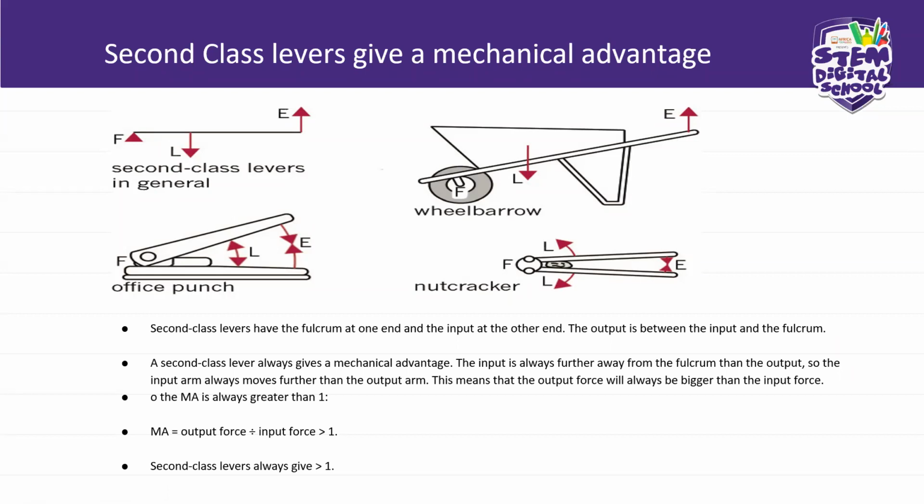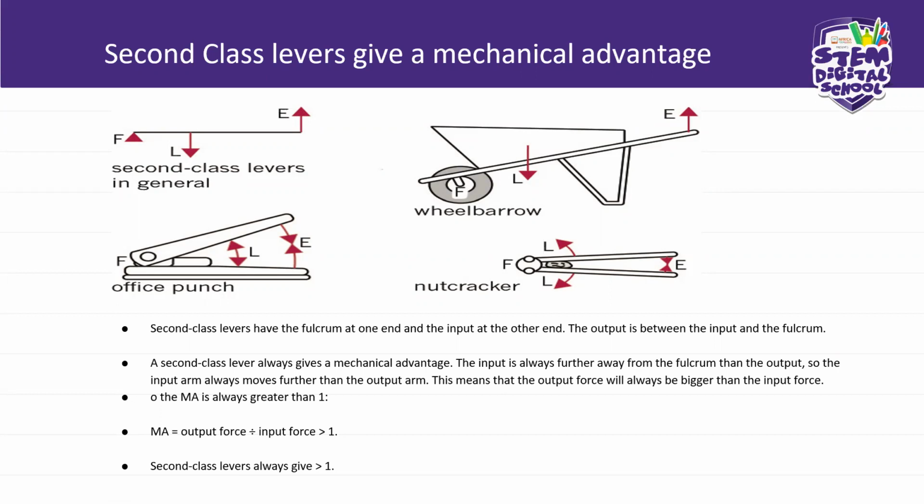Okay, second class levers have the fulcrum at one end and the input at the other. The output is between the input and the fulcrum. A second class lever always gives a mechanical advantage. The input is always further away from the fulcrum than the output. So the input arm always moves further than the output arm. This means that the output force will always be bigger than the input force.